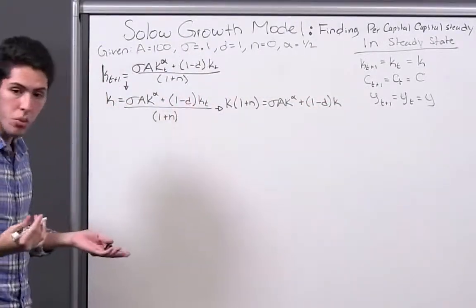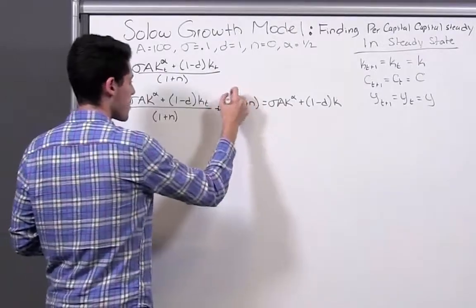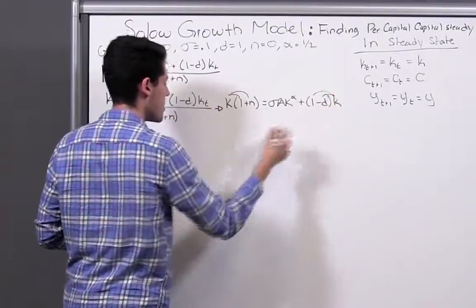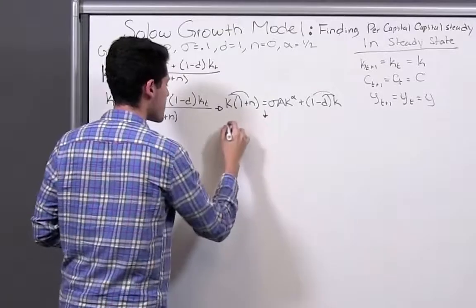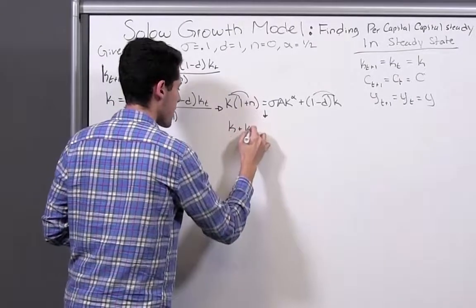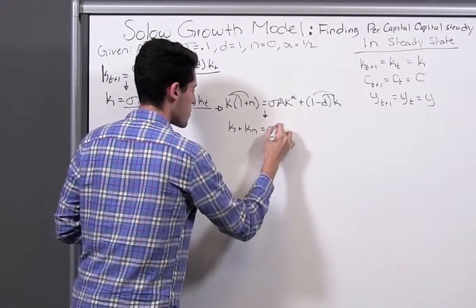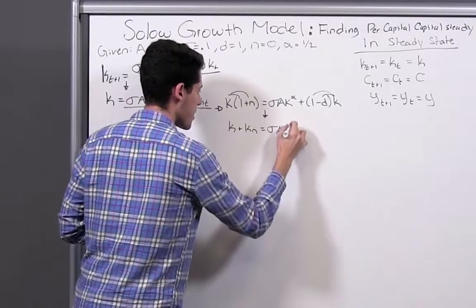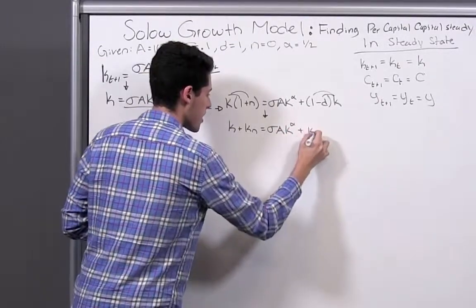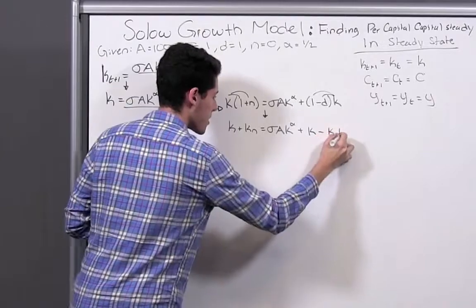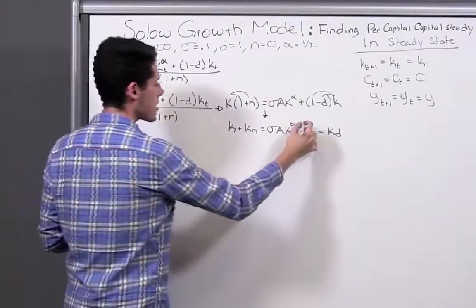So K(1 plus n) equals sigma A K to the alpha plus (1 minus d)K. From here we then distribute the K, so let's rewrite this as K plus Kn is equal to sigma A K to the alpha plus K minus dK. Right off the bat, we can subtract K from both sides.